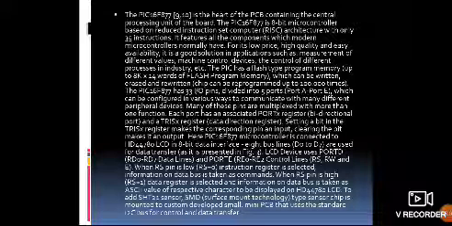The PIC 16F877 is the heart of the PCB, containing the central processing unit of the board. It is well suited to applications such as measurement of different values, machine control devices, and the control of different processes in industry.